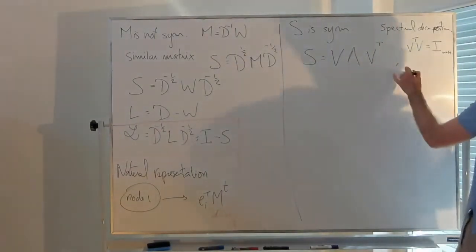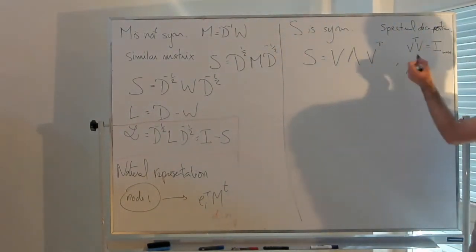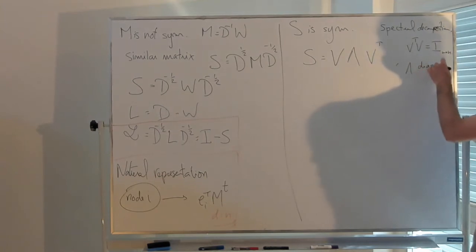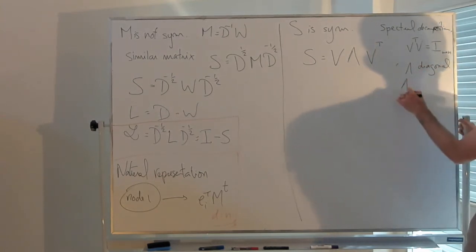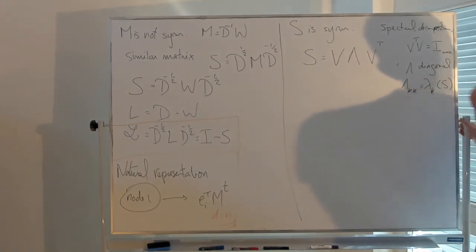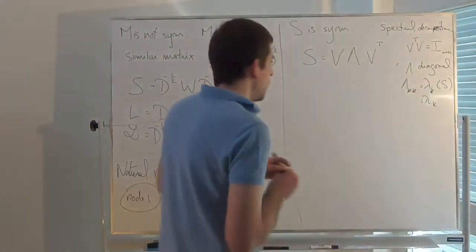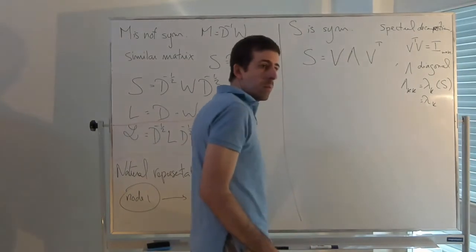And Λ will be a diagonal matrix, where Λ_kk is just the kth eigenvalue of S. We'll often just write this as λ_k and leave out the S.